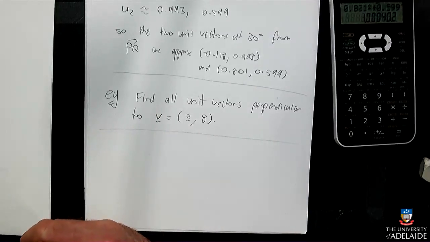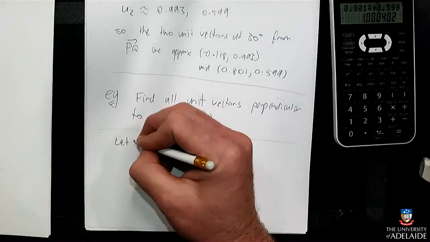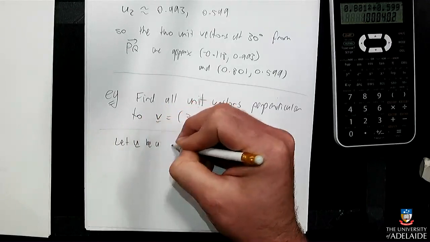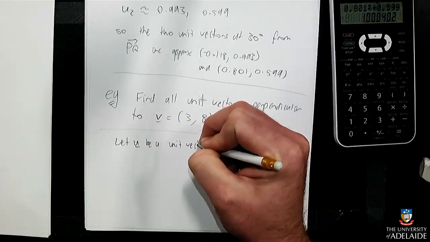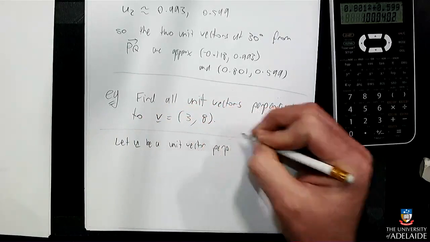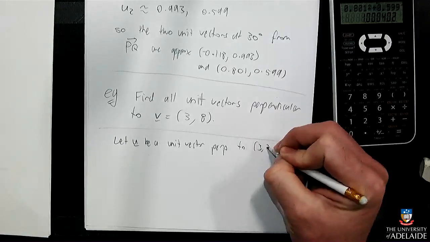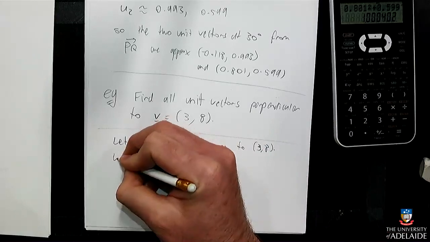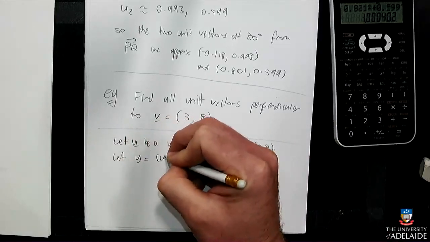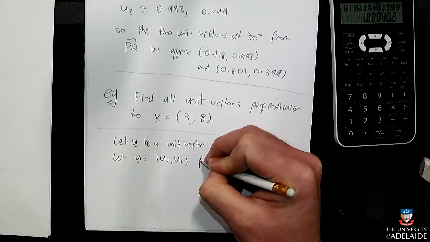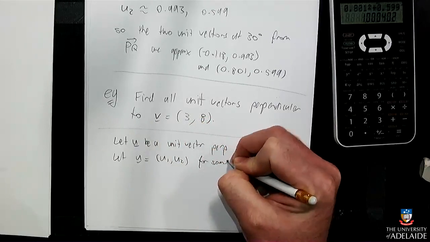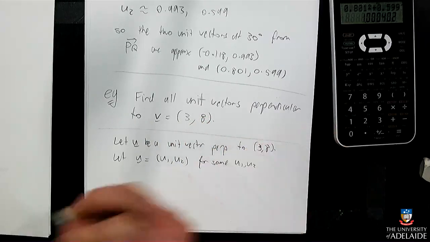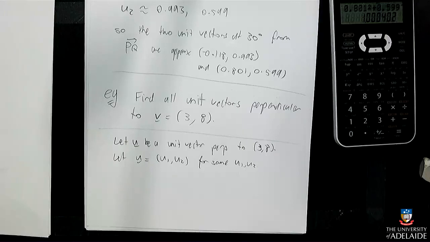All right, so what I'm going to do is I'm going to let u be a unit vector perpendicular to (3, 8). And I'm going to write u being (u1, u2). So to be perpendicular to (3, 8), its dot product with (3, 8) must be 0.